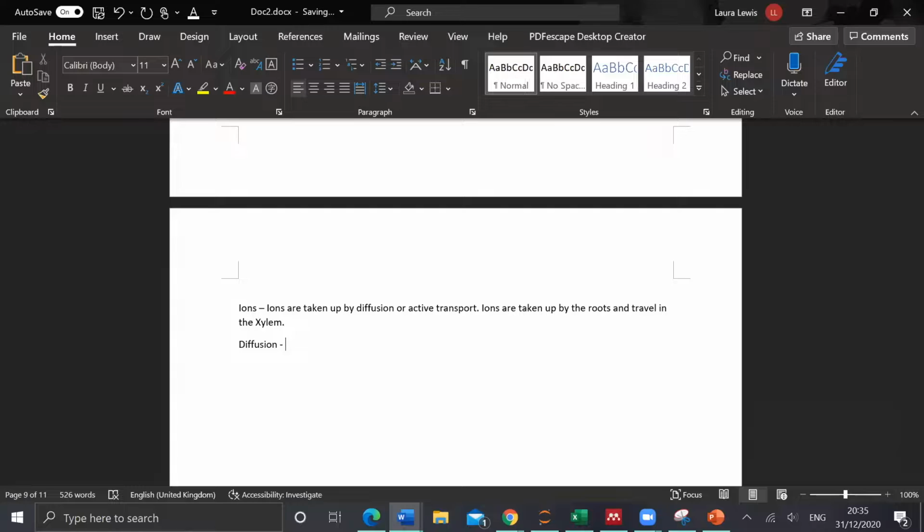So, define diffusion: it is where substances, not just ions, substances, are transported from an area of high concentration to low concentration. It doesn't require energy. It does not require energy from the plant.